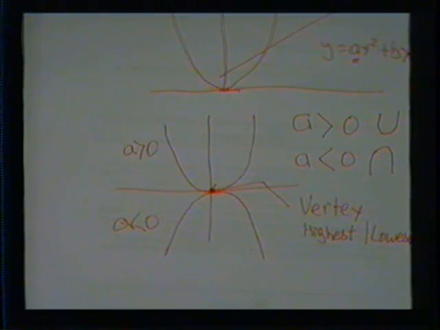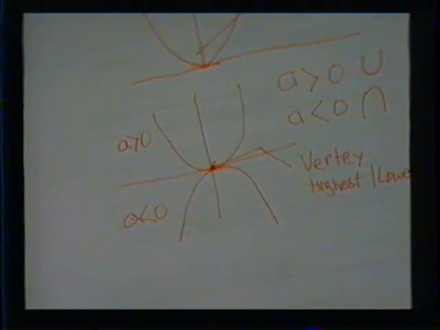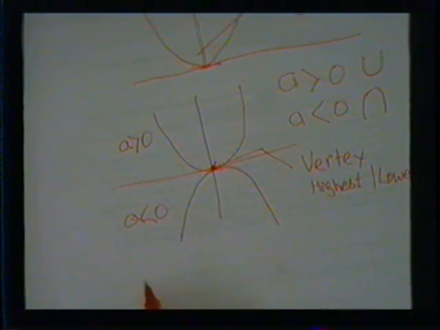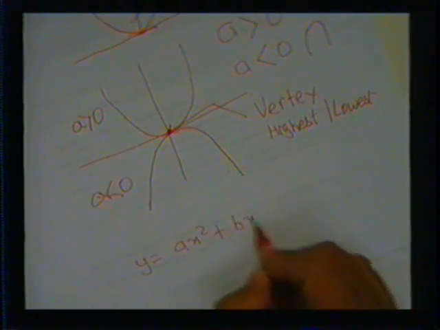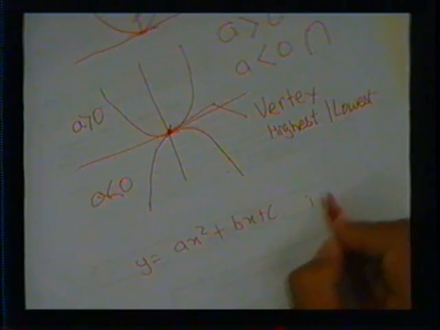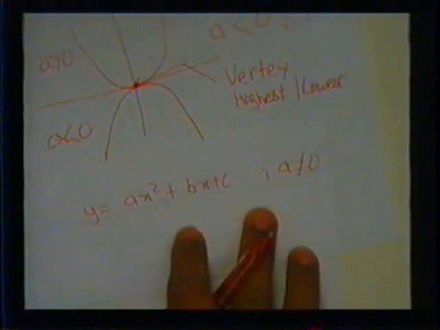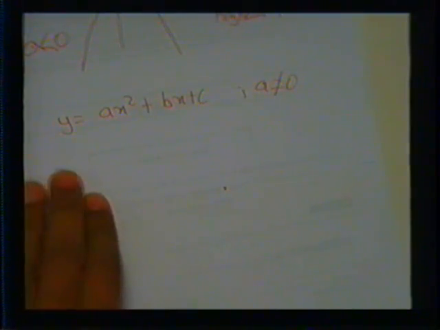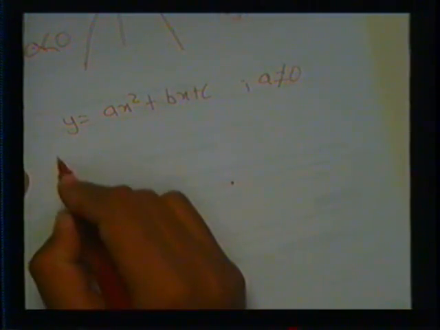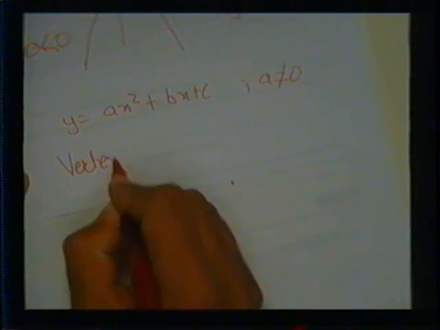Now, if you have an equation, let's suppose you are given y is equal to ax square plus bx plus c, and you have been asked to find the vertex. In this case, the vertex is given by the location x and y of the vertex.